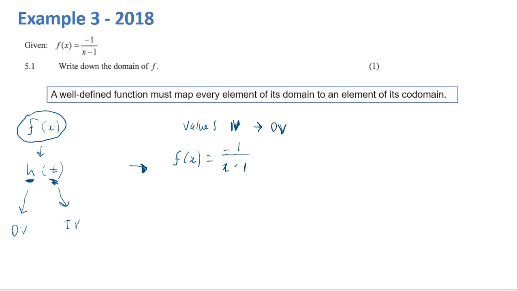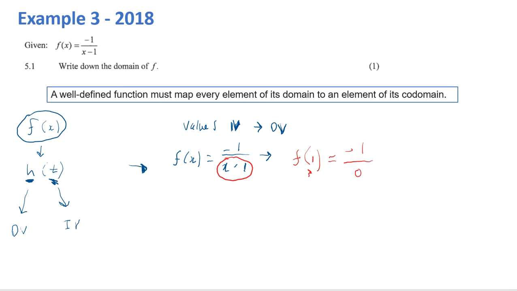By inspection, you can clearly see that if I give the value of x as 1, the value at the bottom will turn to 0. So f of 1 will be minus 1 divided by 0. Well, that's undefined, and so that is a value that should not be included in the domain. It's x equals 1.